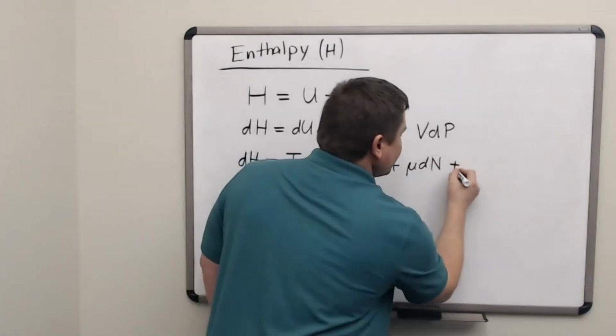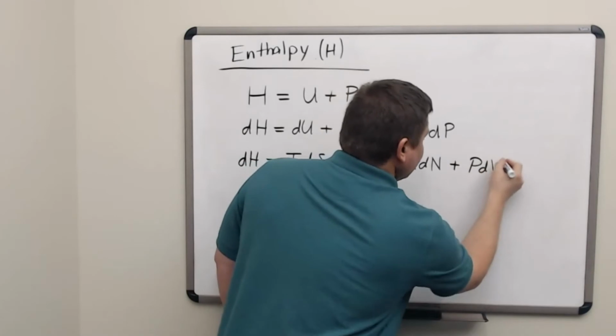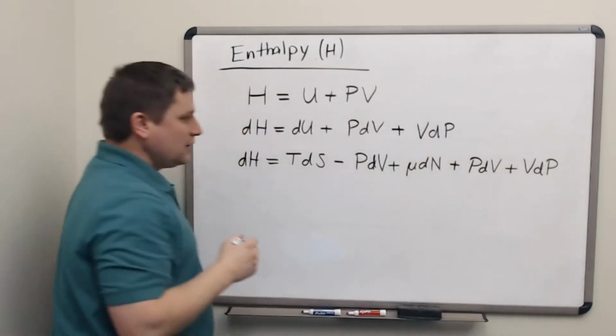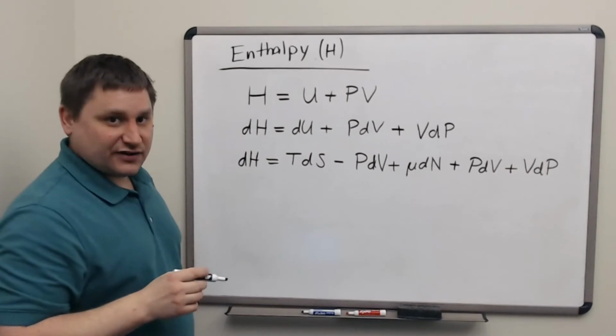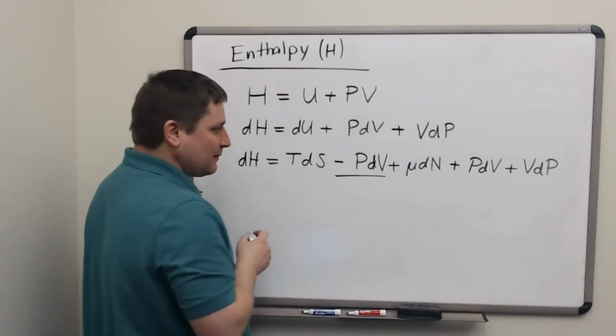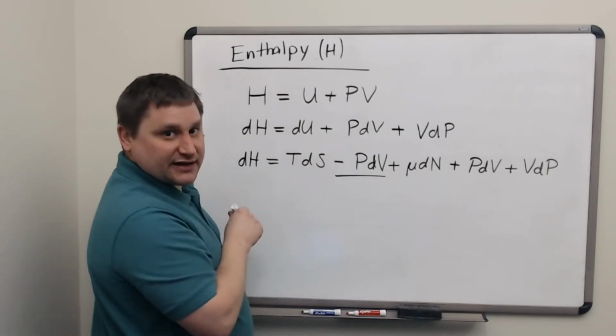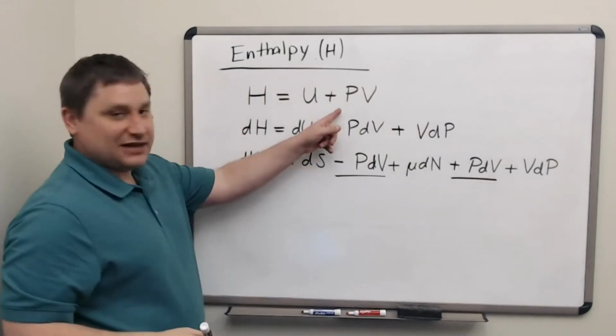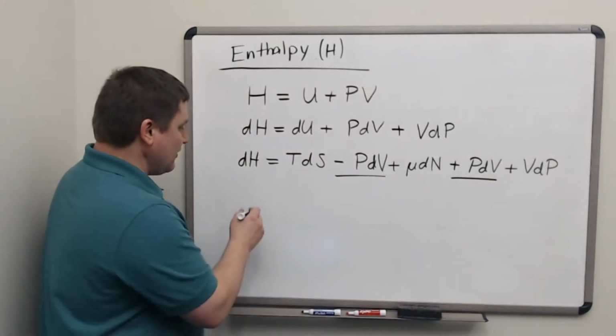The other two terms are still here, but we've achieved some cancellation now. The minus PdV term from the fundamental thermodynamic identity and the plus PdV term that came from the product rule cancel each other out.